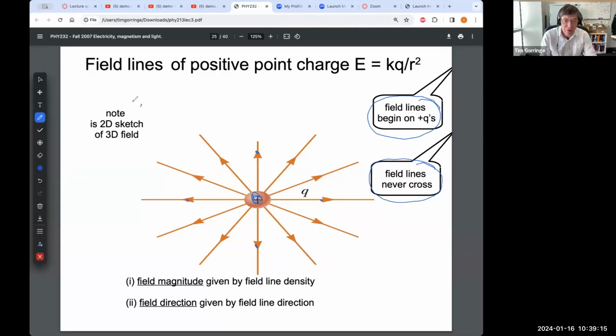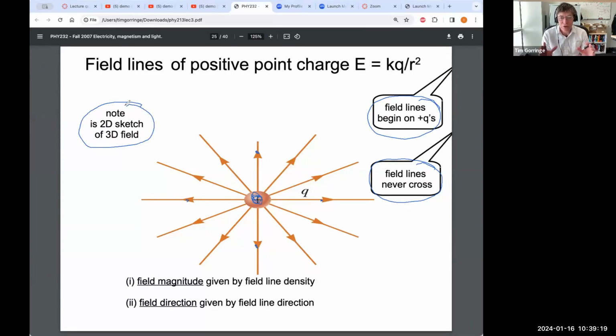One other point is, note that I'm drawing, of course, a two-dimensional sketch of a three-dimensional field. So we have to remember that when I'm trying to sketch something that exists in 3 dimensions in this two-dimensional picture. But still, nonetheless, field line sketches are very helpful in understanding electrical fields.